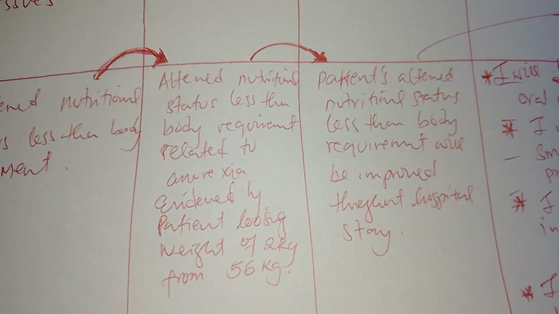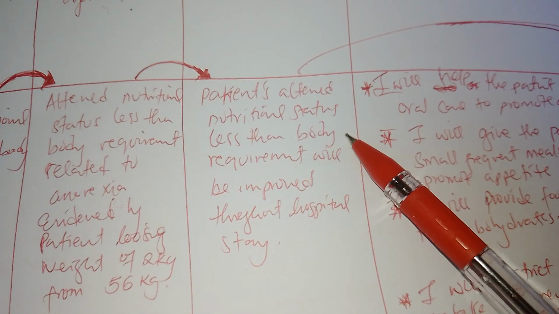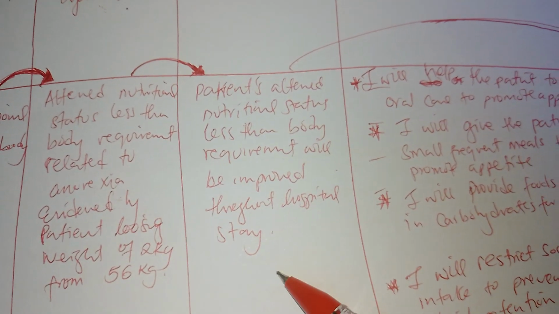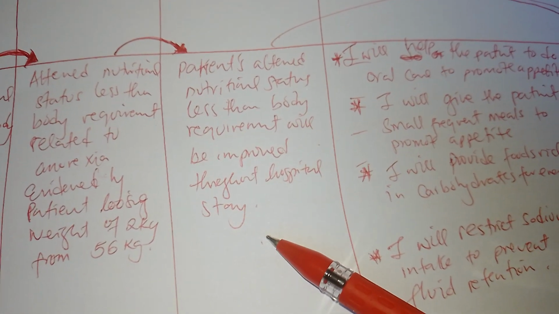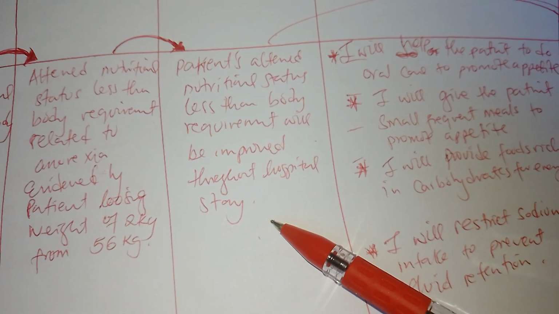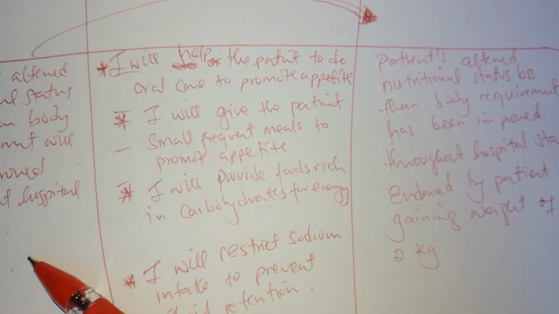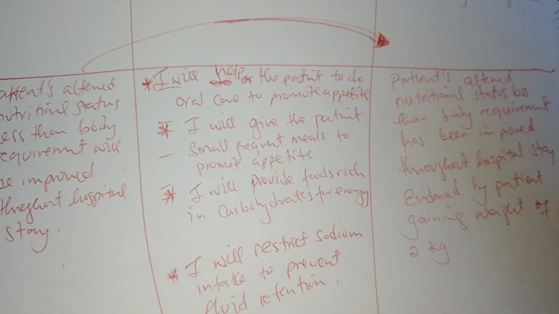Then our aim, always start with the word patient. Patient's altered nutritional status, less than body requirement, will be improved throughout hospital stay. Remember, our aim needs to be SMART. Throughout hospital stay is better because you'll be able to see if the patient is gaining weight or not. Then our interventions: I will help the patient to do oral care to improve appetite.